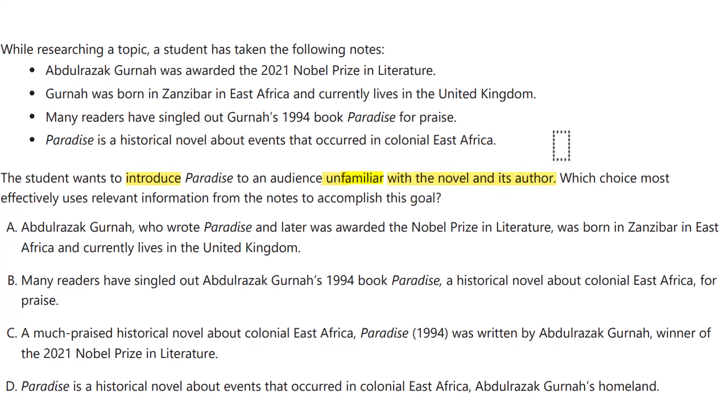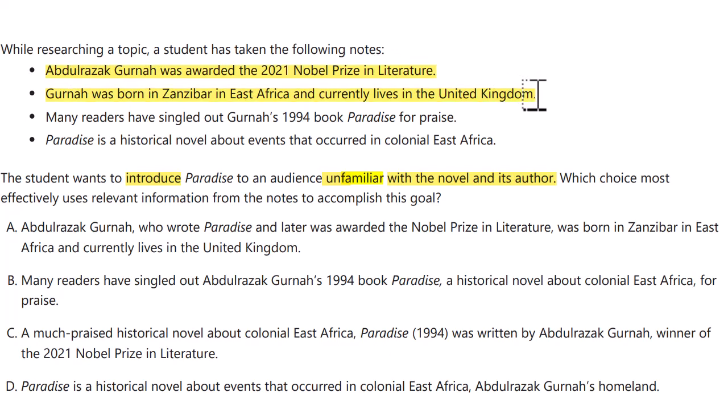So if the audience is unfamiliar, we probably want to tell who the author is, or if it's an object, define what that object is, tell somebody who's unfamiliar about it to make them more familiar with it. Well, practically, what does that mean? In the answer choices, that means we want to look at the background bullet points, which is almost always those first two bullet points.